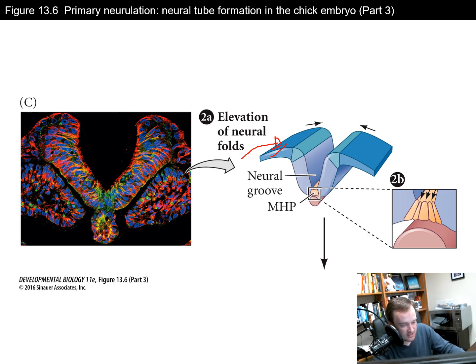What I'm saying is that these cells change shape. The actin inside of them pulls to make them not columnar anymore, right? They're starting to form these trapezoidal shapes, I suppose, if I remember my geometry. And that is what helps to bring this neural fold and this folding action together.